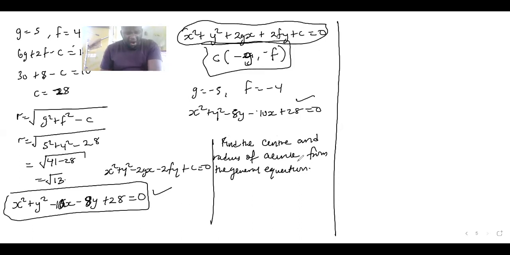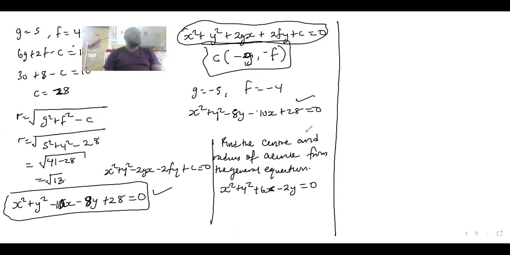Now, when they set such a question, how do we go about it? This is how we go about it. For example, I have x squared plus y squared plus 6x minus 2y is equal to 0. The question even can be like this without the c.